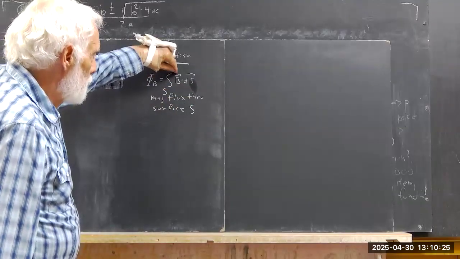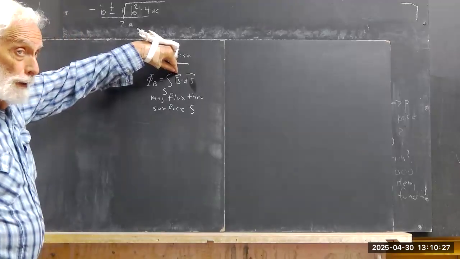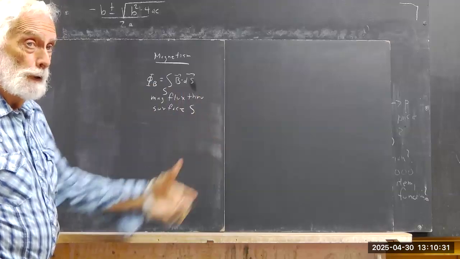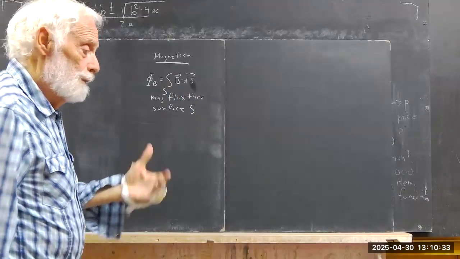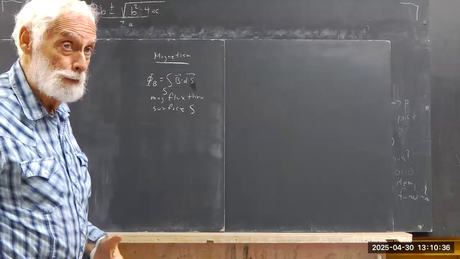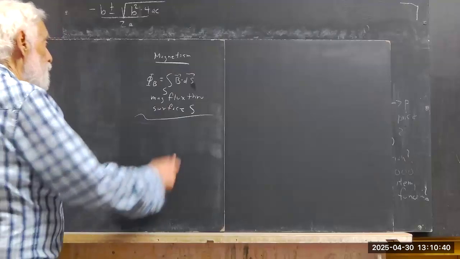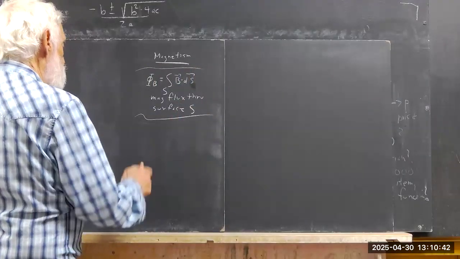This is just the perpendicular component of the magnetic field to each tiny element of surface, and you add them all up. And we have an intuitive idea of what flux is. So that's the definition, develop that idea. So hopefully you understand it.